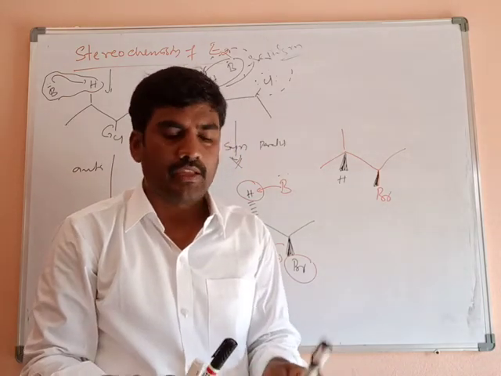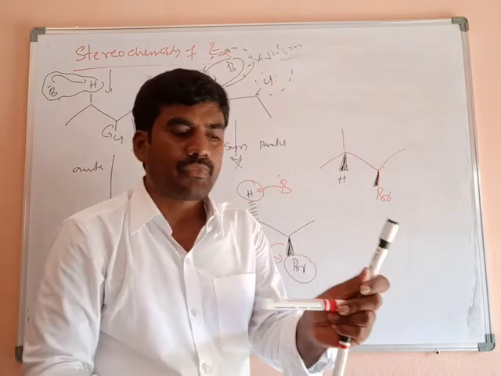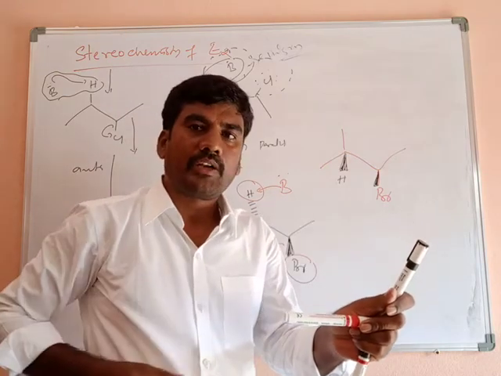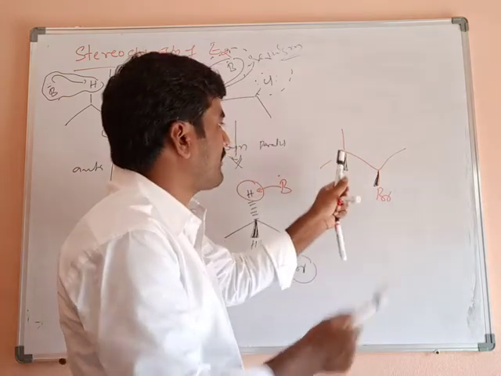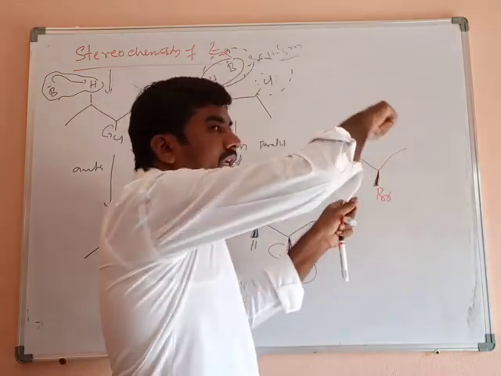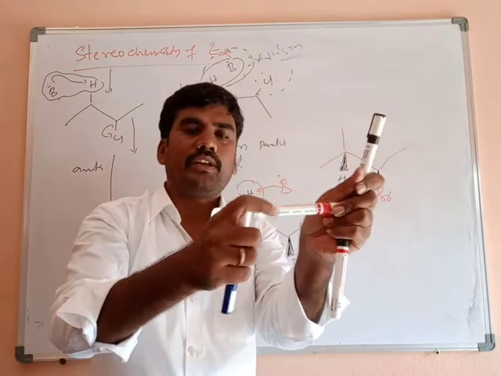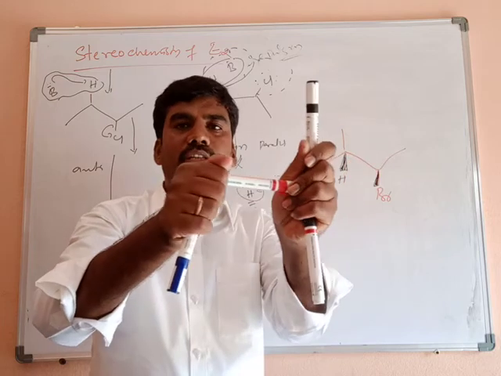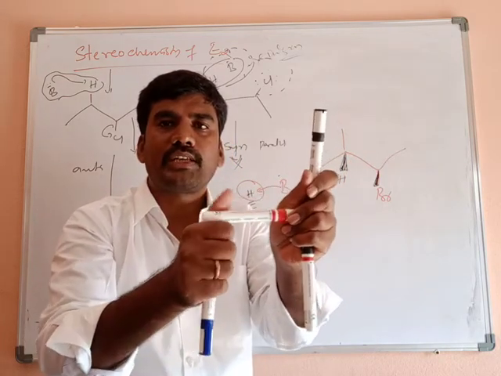Clear? Now this hydrogen and this bromine are on the same side, and the methyl group is on the downside. Hydrogen and bromine are both on the same side. Now the base is unable to approach this proton because both are on the same side.